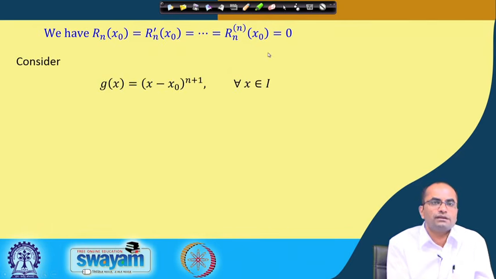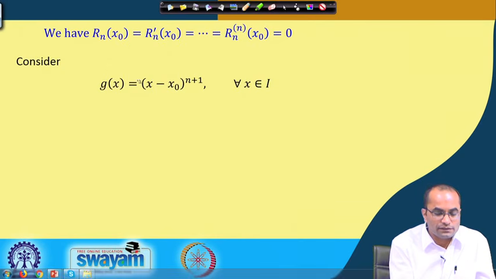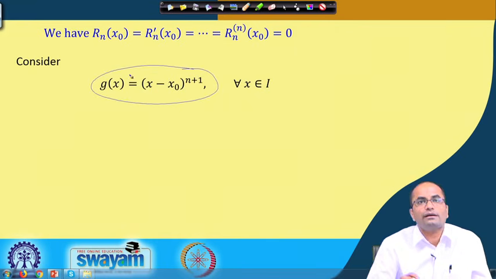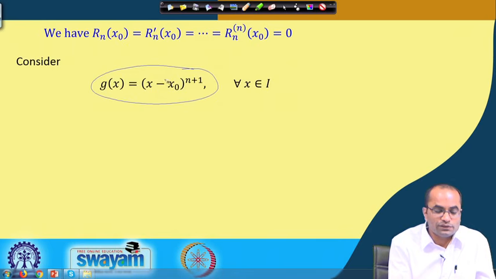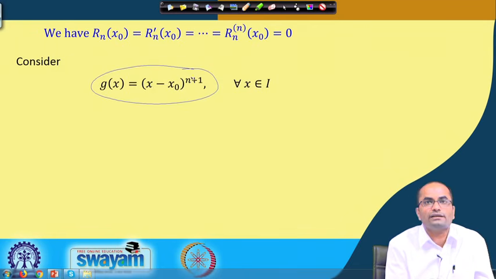Now, we consider another function here, which is g x equals x minus x 0 power n plus 1. This function has also the property, if we notice this, that g at x 0 will be 0, and in fact the first derivative, because of n plus 1 and x minus x 0 power n, will also become 0 at the point x 0, and so on.